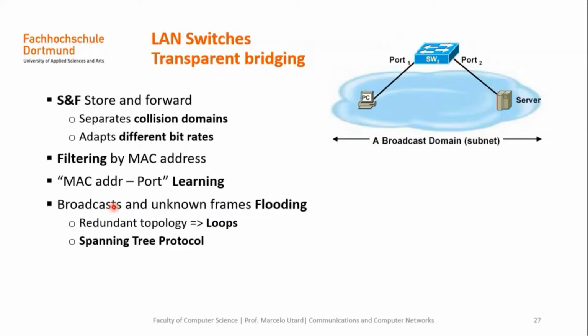In the case of broadcast frames and unknown frames, flooding is performed, and that's why if we use a redundant topology, loops will happen. And in order to avoid the loops, we use what we call the spanning tree protocol, STP.